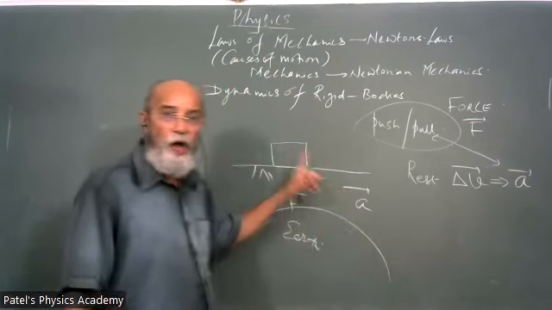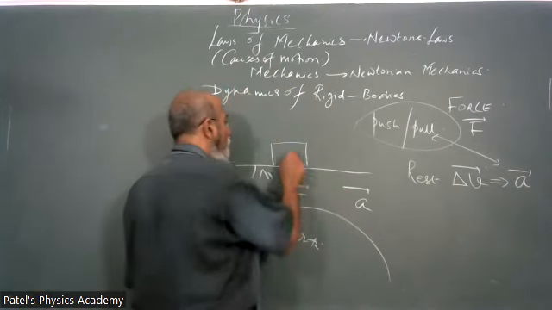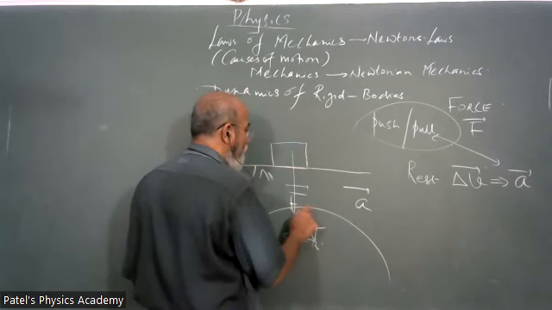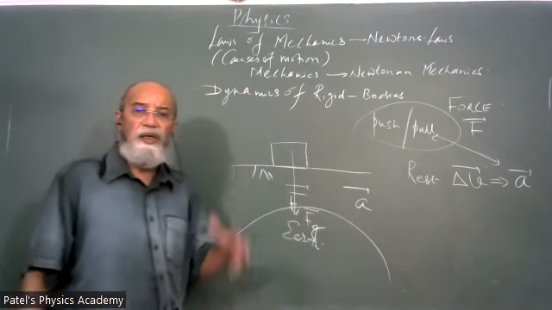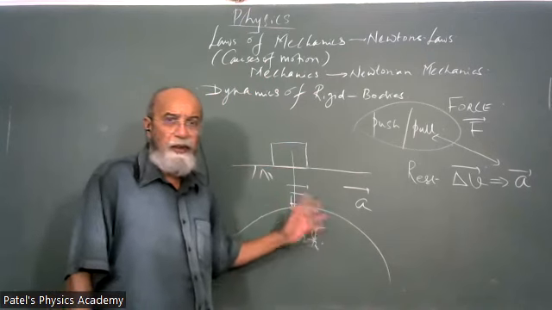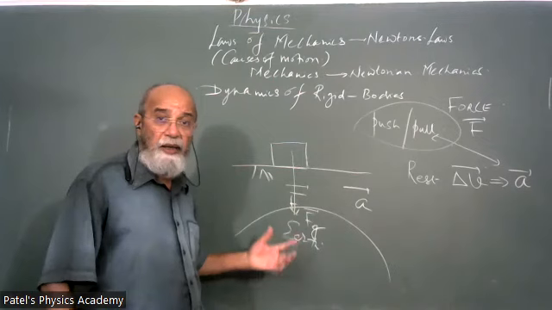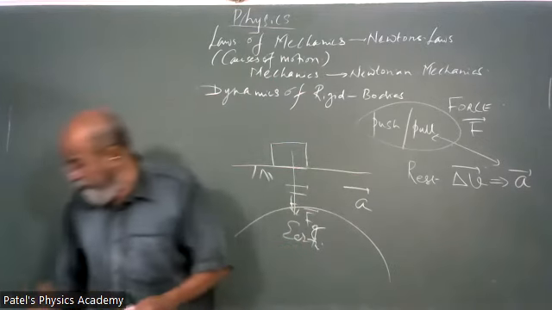Okay? So this object is experiencing that force, which normally we will represent as this, and we will call it the gravitational force. I'm not explaining much, I'm just telling you something else which I was trying to explain, that there is no connection.